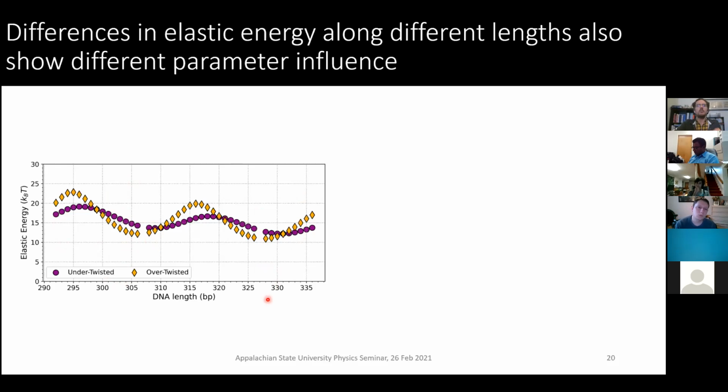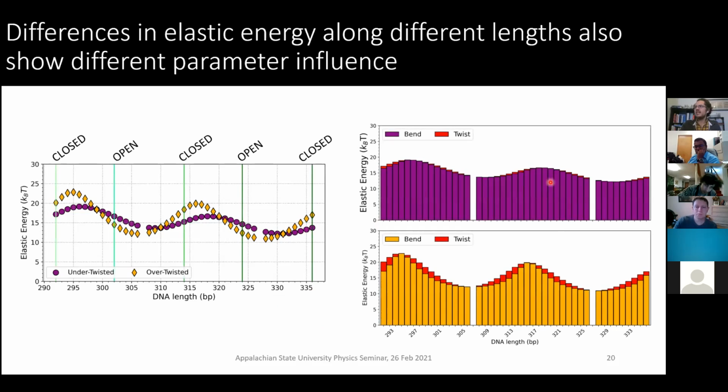But if we wanted to go a little bit deeper in the analysis, we can partition out bending contributions and twist contributions in the loop. So what's really accounting for the elastic energy? What particular parameter is causing it? When we go deeper, what we see is that with the under-twisted on the top, significant energy is the result of the bending of that free loop.